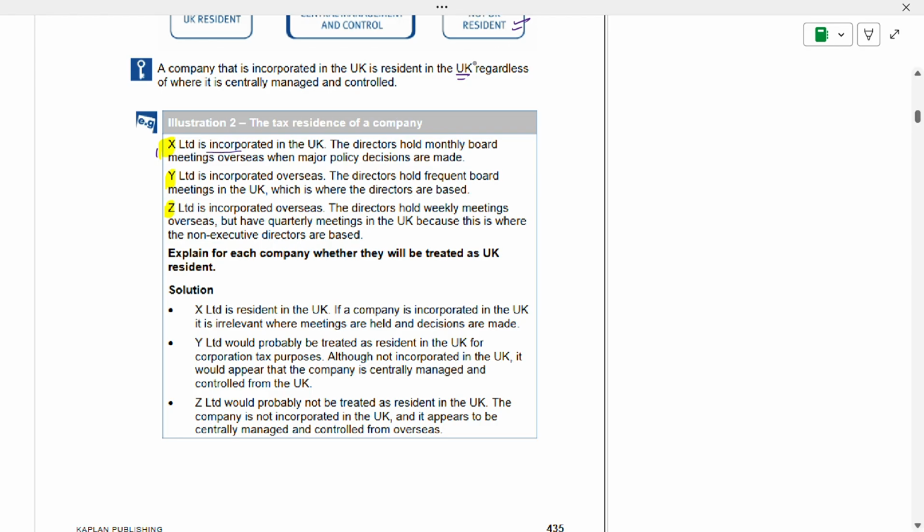Next, see the points one by one. X, Y and Z. X is incorporated in the UK. The directors hold monthly board meetings overseas, where the major policy decisions are made.